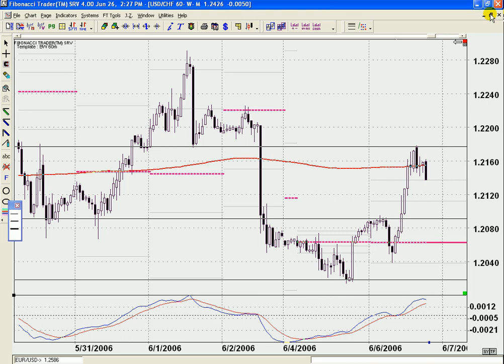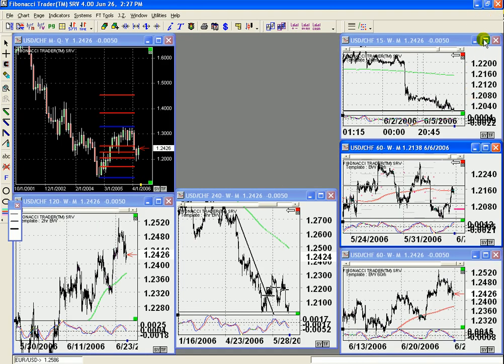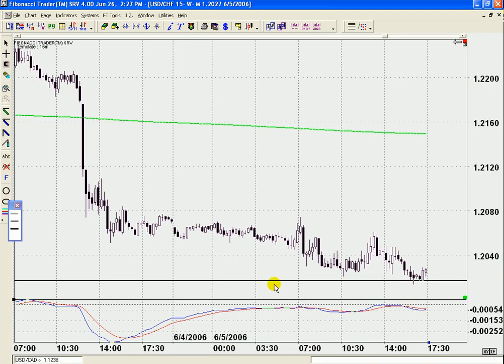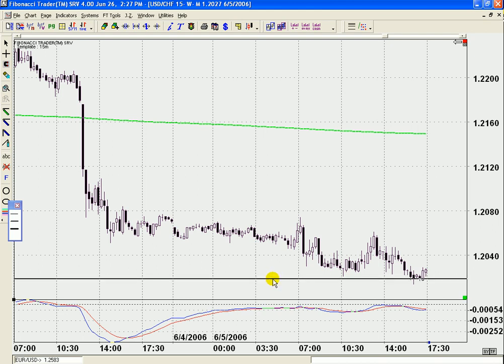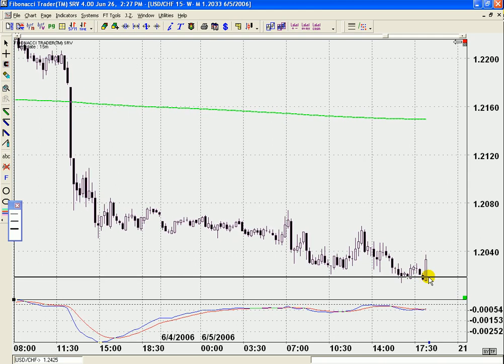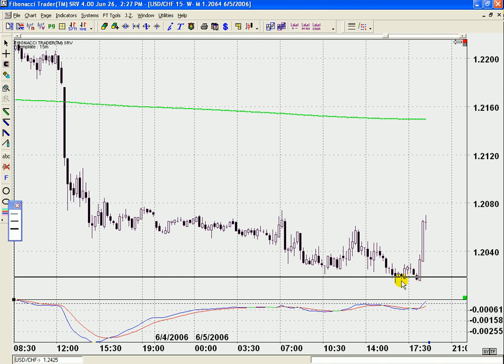Let's move down to a 15-minute chart. Here's our lows at 120.1720, as we saw earlier. Price has been drifting lower right down to the lows, and we see our price response at the lows. On the 15-minute chart, the MACD is also in a state of neutralization or divergence.